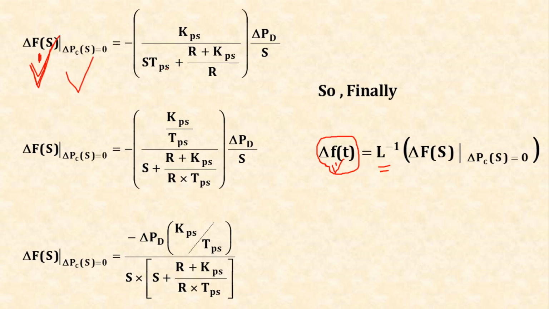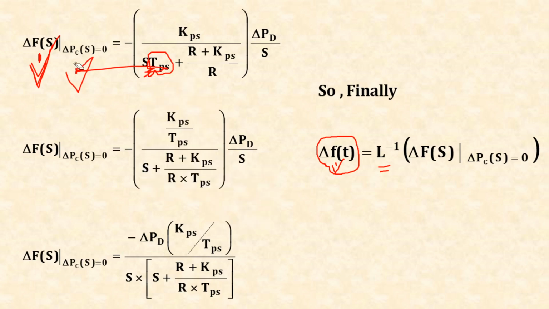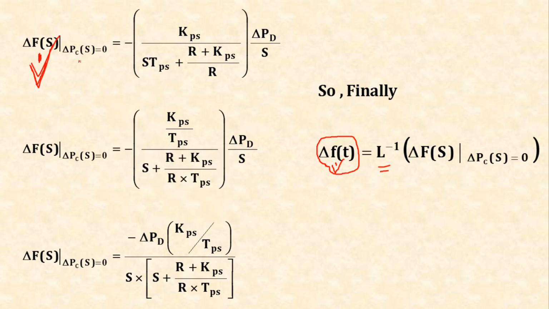So the first modification is that the coefficient of s must be equal to 1. So the first modification is that the term with s, the coefficient of s must be equal to 1. So I have to take Tps as common. Clear?